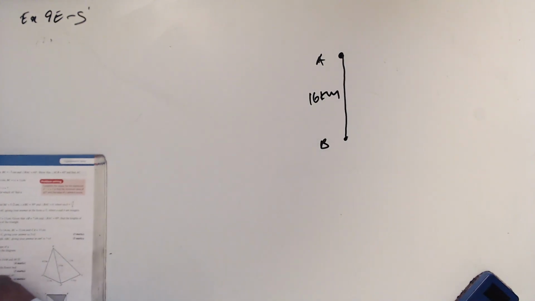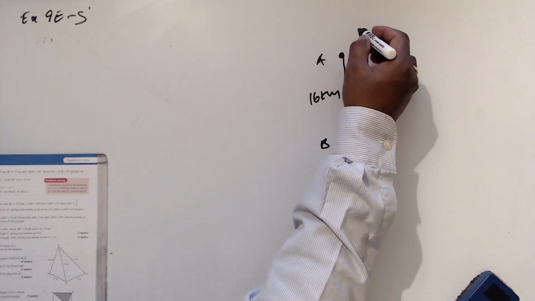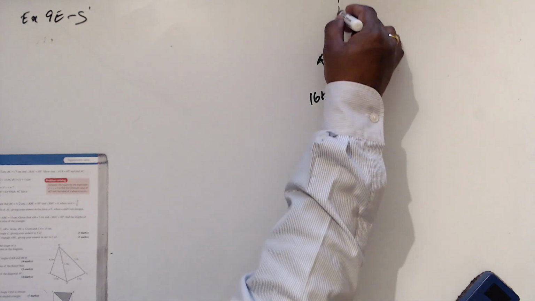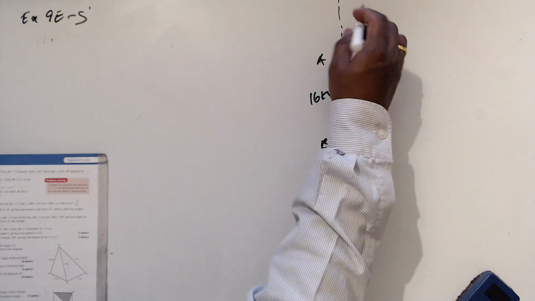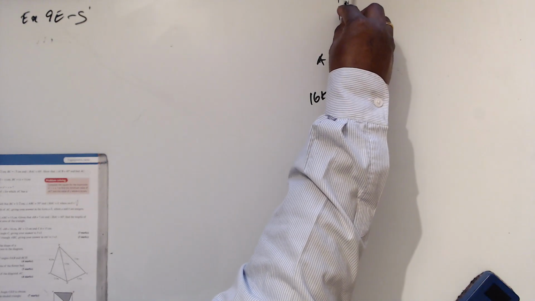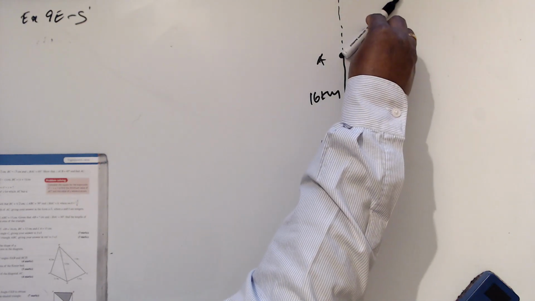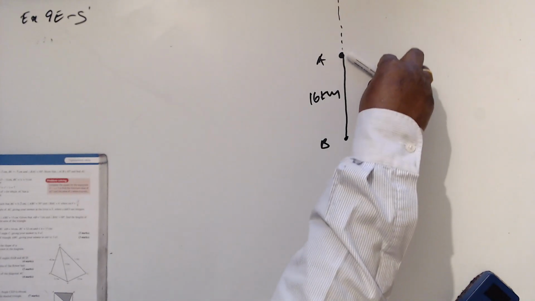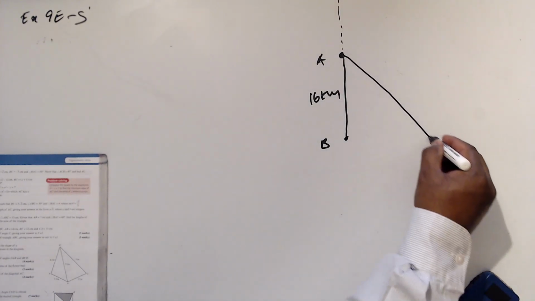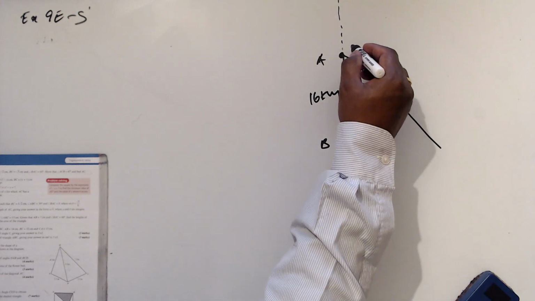A ship is known to be on bearing 150 from A. So I draw the north and I measure 150 from here. 0, 10, 20, 90 and 150 somewhere in this direction.